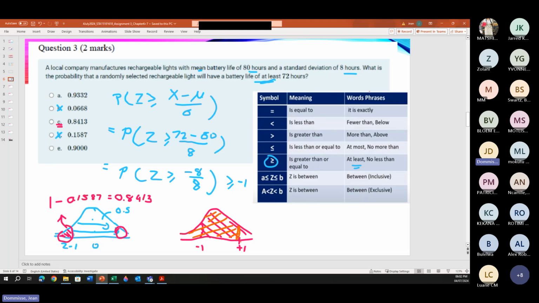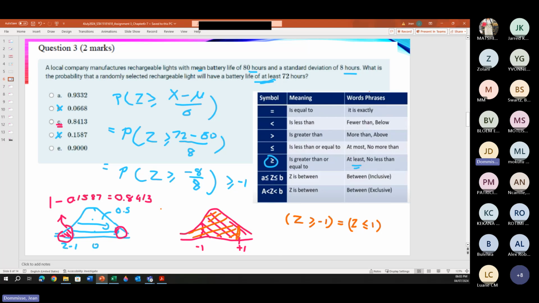So if you have an area that Z is bigger or equal to minus 1, it is exactly the same as the area Z is smaller or equal to 1. Okay. So it's much easier always to see the smaller portions, but the bigger portions is exactly the same.